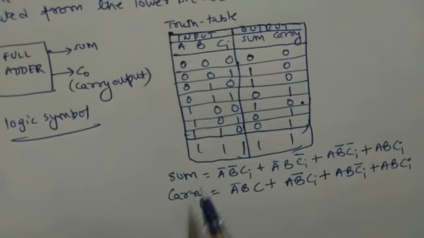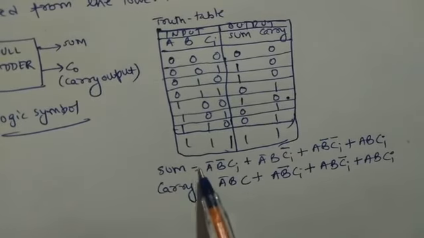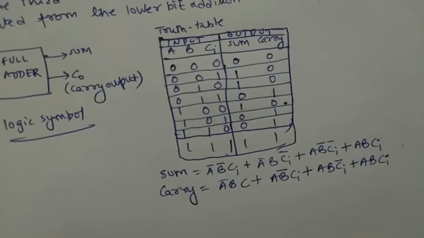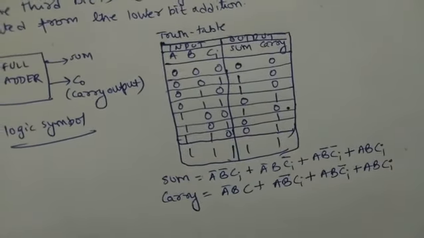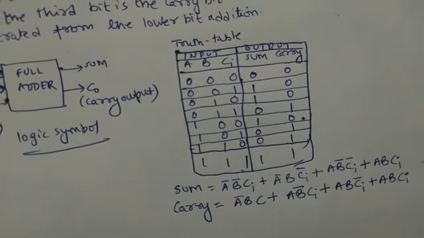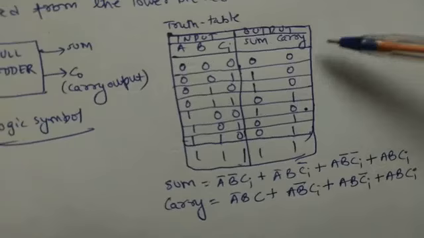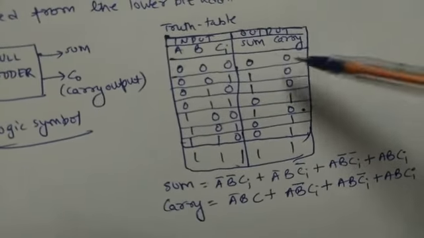So now I want to let you know how I have written this equation. For writing such equations in these logic diagrams from the truth table, you simply have to consider the truth table, and these equations correspond to the outputs.